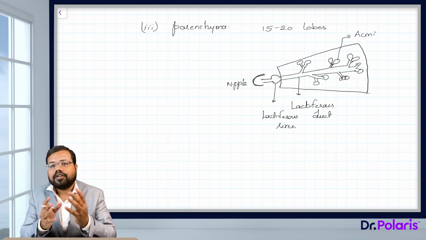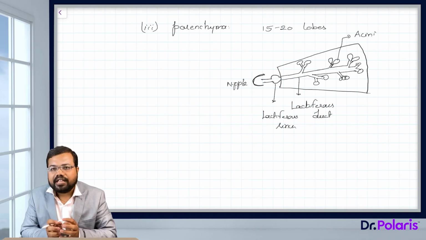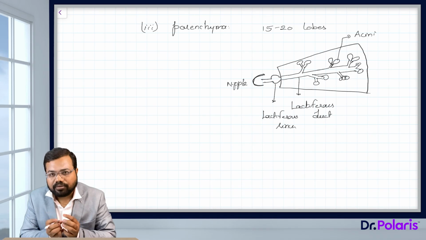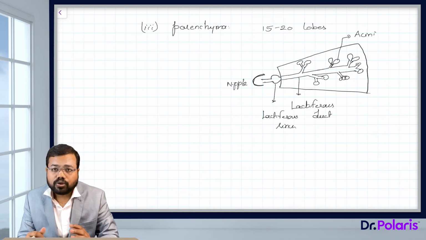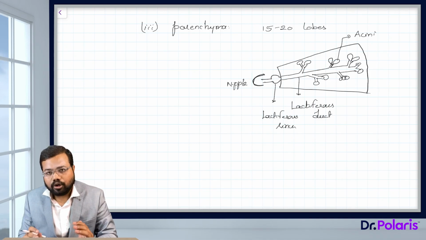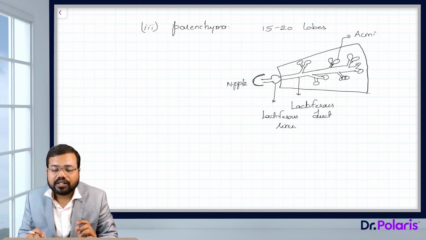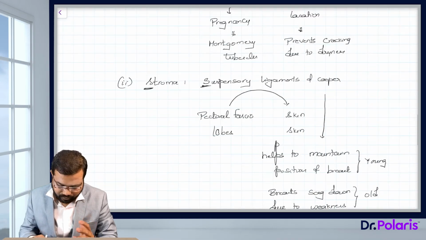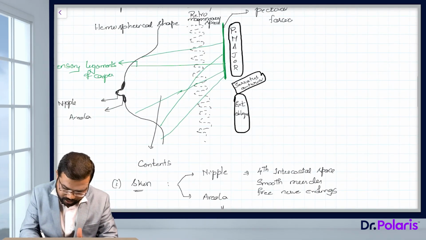Like that, the 15 to 20 lobes are arranged radiating from the center, the nipple. The center point is the nipple, and from there it is radiating, right? So this radiation is present in the entire breast as these lobes. And how many lobes are present? 15 to 20. So I'm drawing the lobes here.